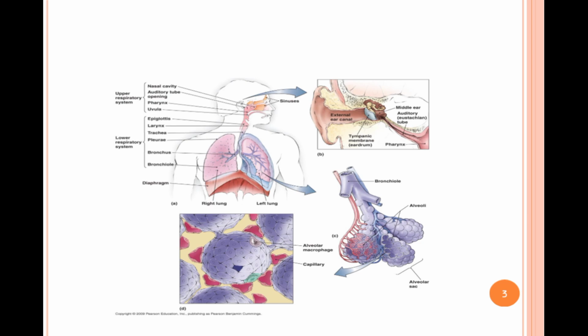The causative organism for tuberculosis has some properties, and one that is most cardinal to us is that it is an aerobe, which means the tubercle bacilli survive in the presence of oxygen.